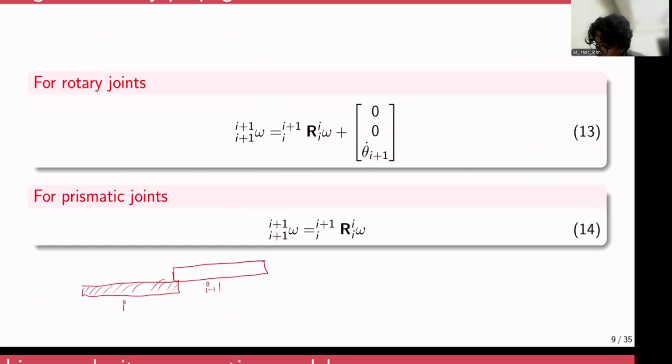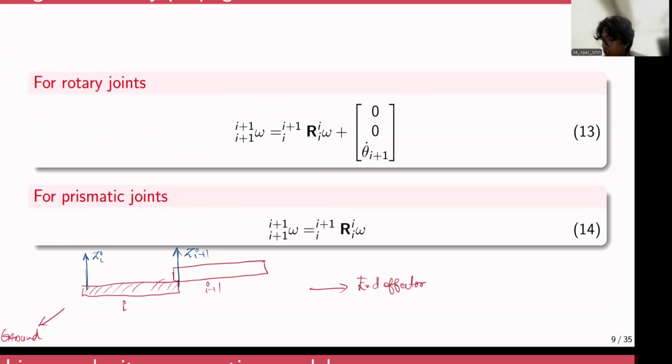You will have this link here as i, and towards this side you will have the ground, and towards this side you have the end effector. On the proximal end of the ith link, you have the local frame attached as Zi, and on the proximal end of the i plus 1 link, you have the frame i plus 1 attached.